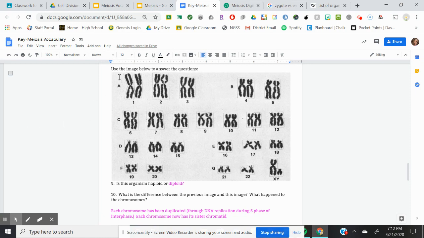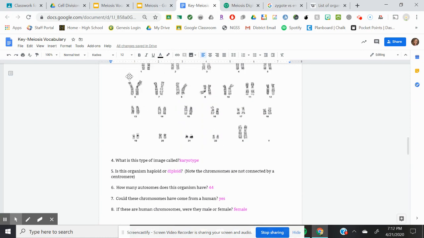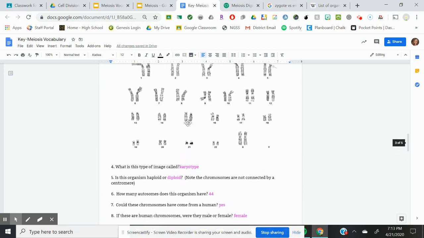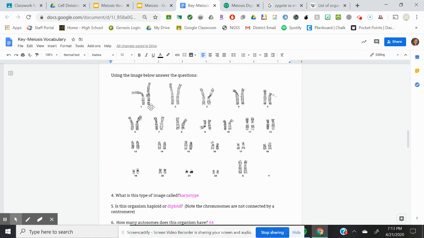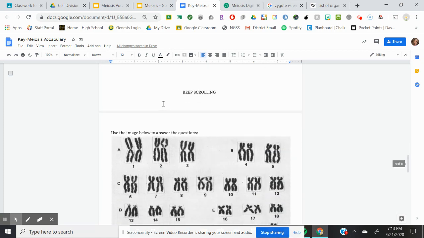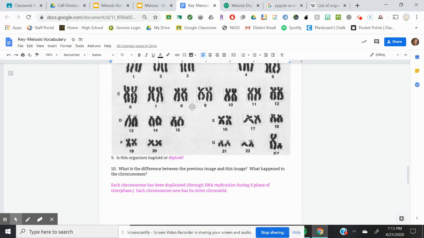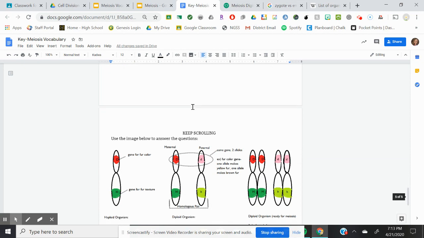So these chromosomes have been duplicated, so they have their sister chromatid. Here, we can't see that these have been duplicated. It's only one chromatid, okay? But this is still one chromosome, one chromosome, one chromosome, one chromosome. Remember that, okay? Last picture.